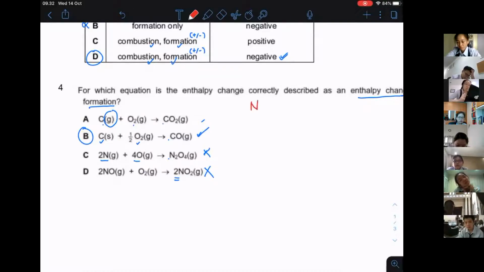Nitrogen alone is definitely an element. But nitrogen under standard condition does not exist as N. It is always in the form of N2.